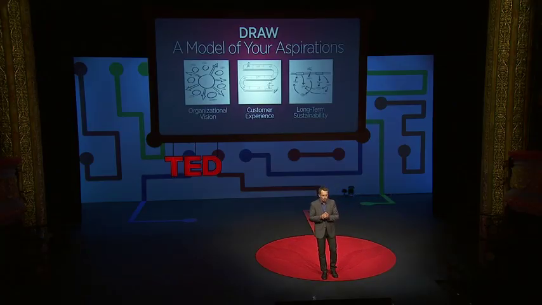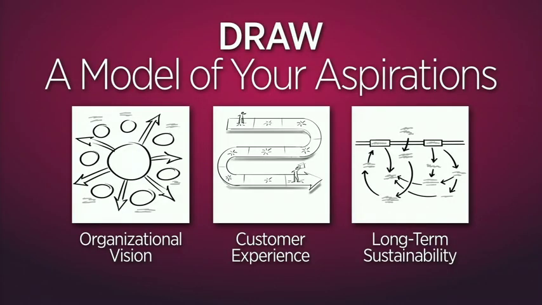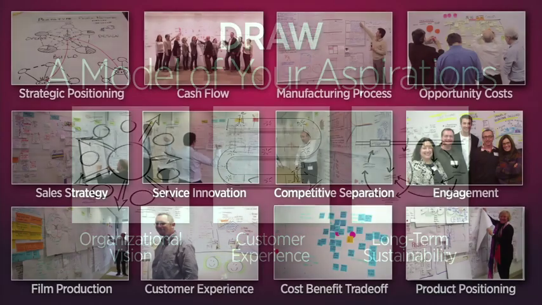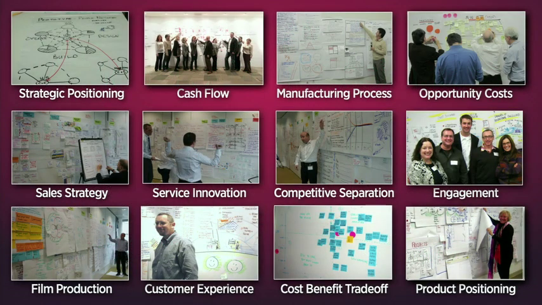But what if you wanted to draw something more relevant or pressing, like your organizational vision, or customer experience, or long-term sustainability? There's a visual revolution taking place as more organizations are addressing their wicked problems by collaboratively drawing them out.